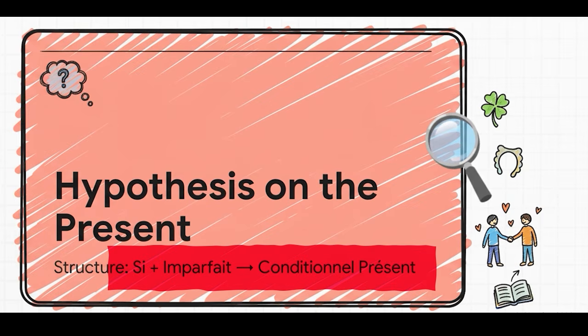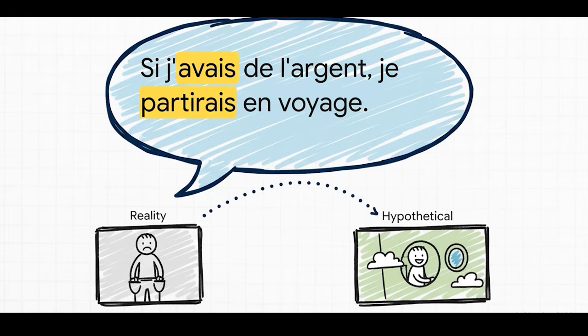You start with si plus a verb in the imperfect or imparfait, and the result of that if is in the present conditional. Si j'avais de l'argent, je partirais en voyage. It means if I had money, I would go on a trip. The unspoken reality is that I don't have any money right now. Therefore, the consequence, je partirais en voyage, I would go on a trip, is also just a hypothesis.